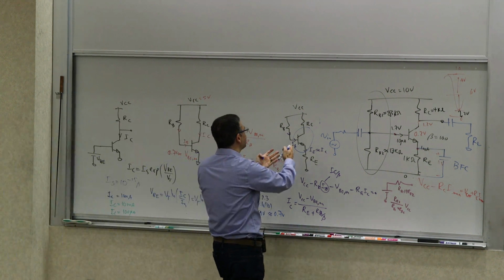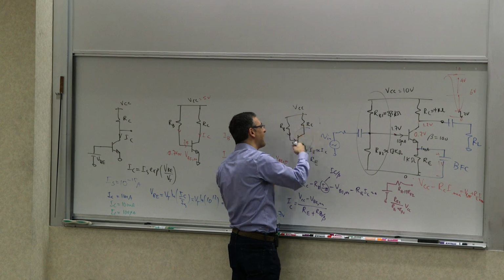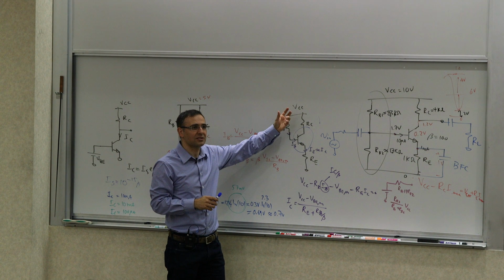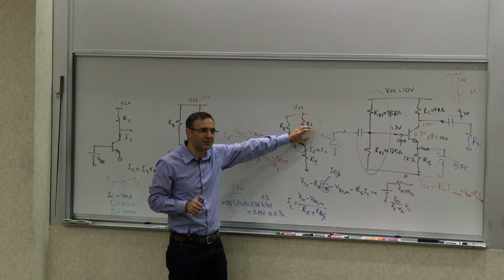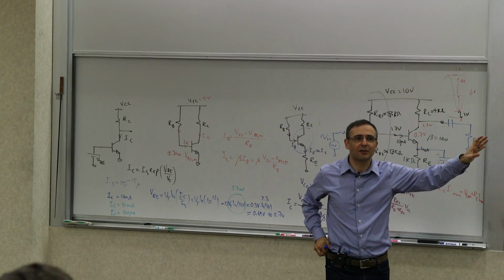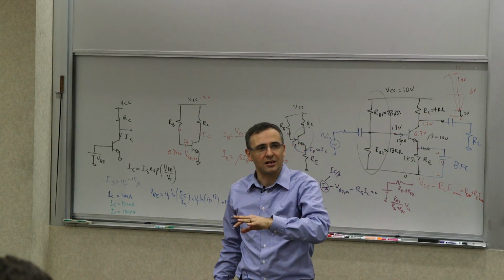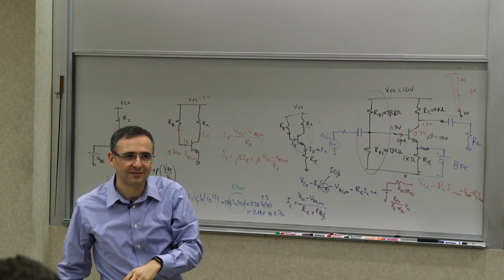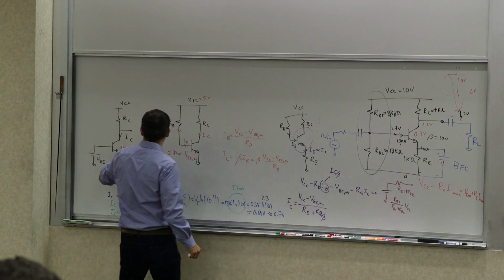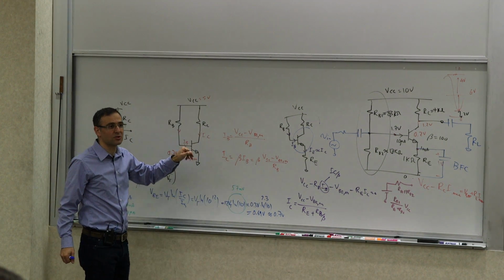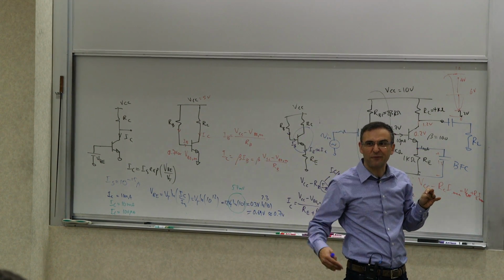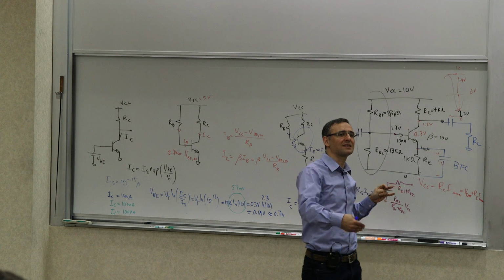So this biasing technique makes it less dependent on the specifics of the transistor, which basically means that you can take this transistor out and replace it with a different kind of transistor. These biasing networks become less sensitive to it. So you can take it out and put a MOSFET there, and yeah, it will change a little bit. Then you can take it out and put a vacuum tube there. Again, it will change a little bit. But it's not going to be fundamentally different from something like this, which was strongly dependent on the specific parameters of the transistors. So that's really the first step to making your biasing network more stable.